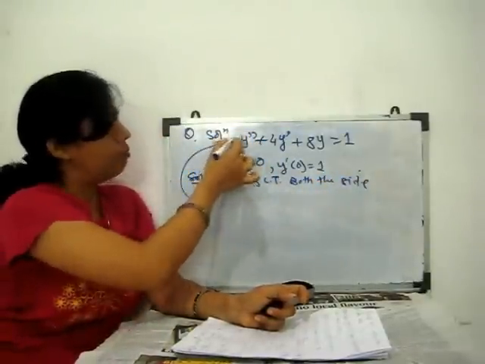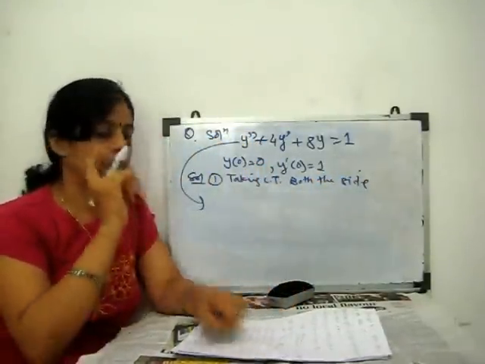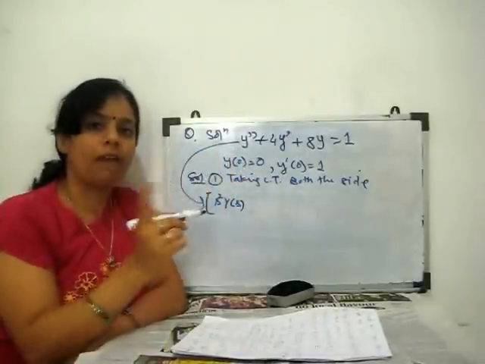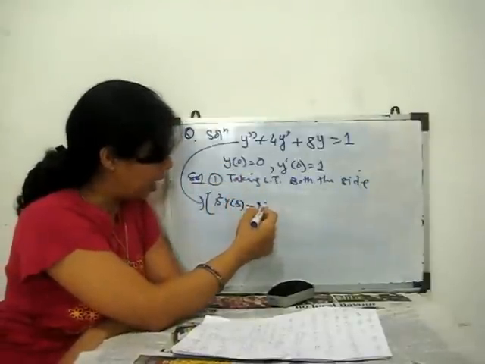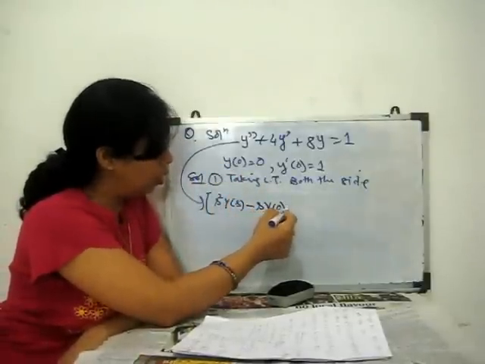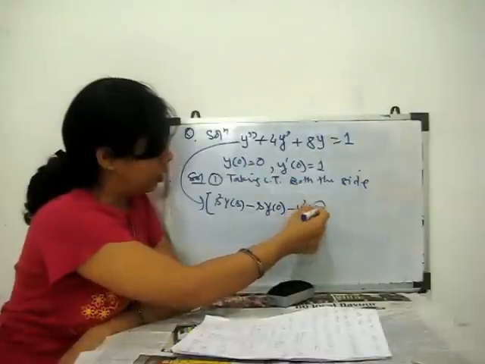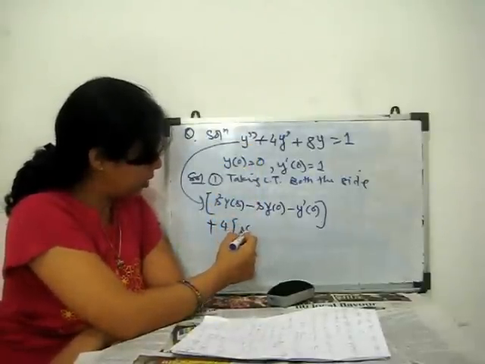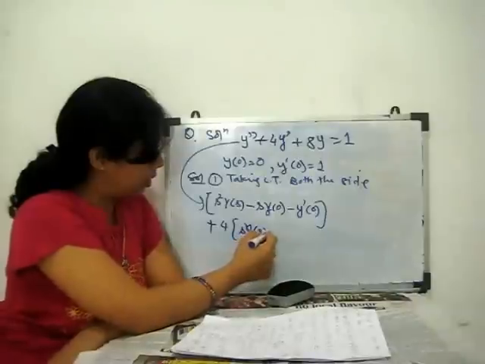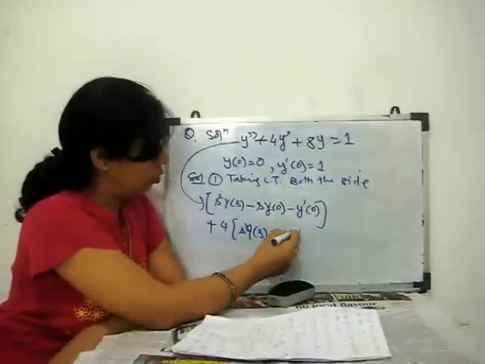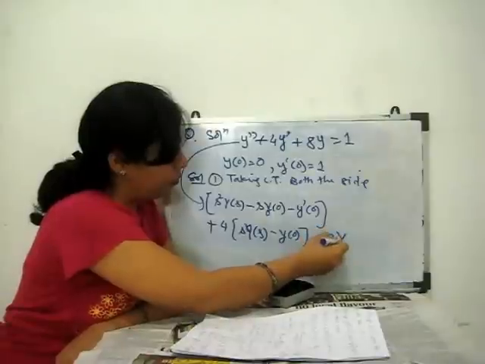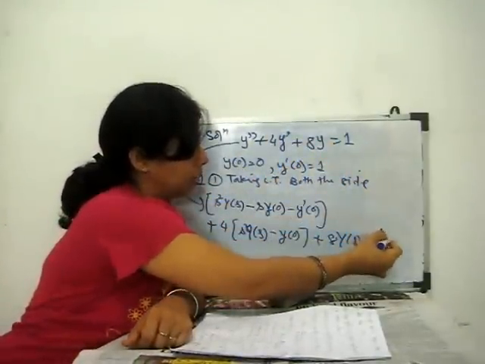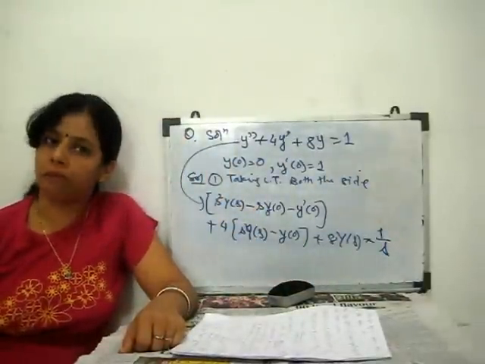So for this term, y double dash means d2y by dt square, so this is s square Y(s) minus s y(0) minus y dash 0, plus 4 times y dash, so s Y(s) minus y(0), plus 8 of Y(s). Laplace transform of y(t) is Y(s), and Laplace transform of 1 is 1 by s.